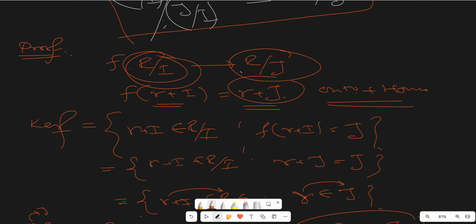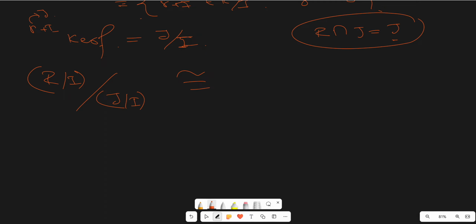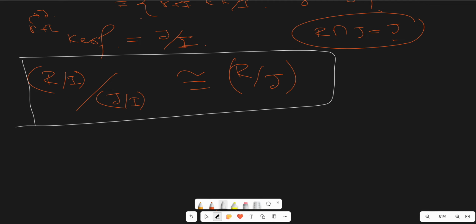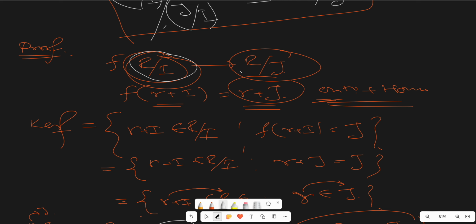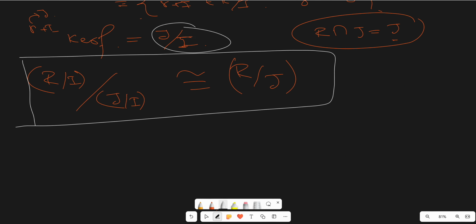The image is the entire space, because the function is onto. So this proves the theorem that R mod I by J mod I is isomorphic to R mod J. J mod I is an ideal of R mod I, because the kernel is an ideal. This proves the kernel part. Okay, this proves the third isomorphism theorem.